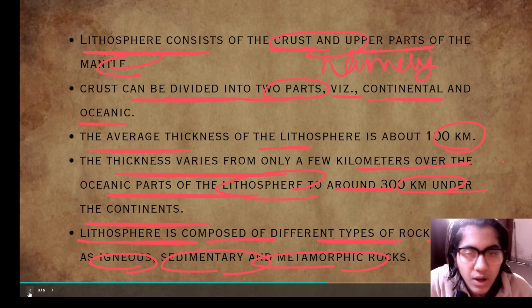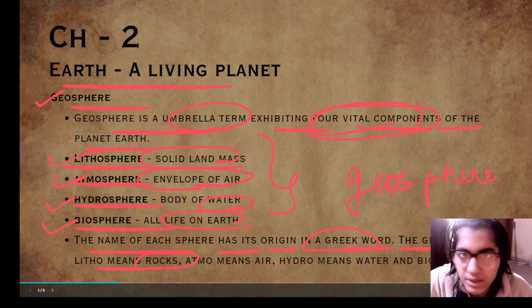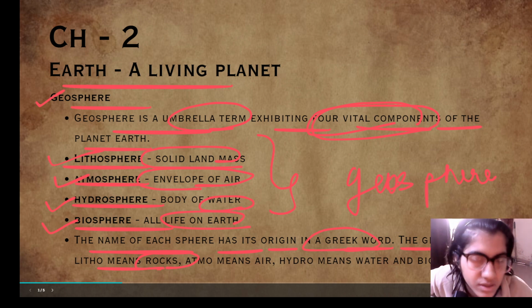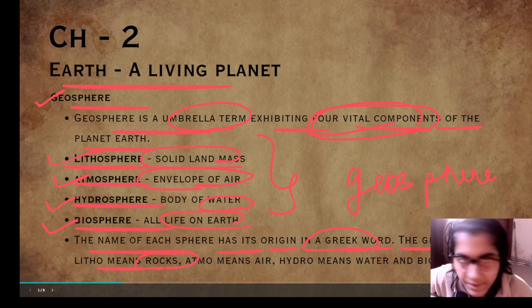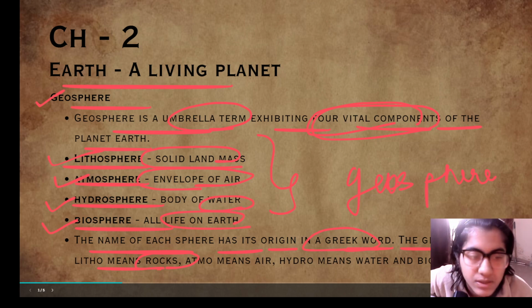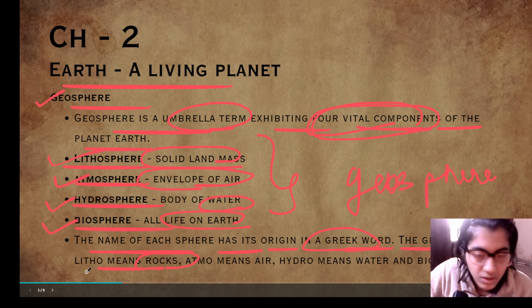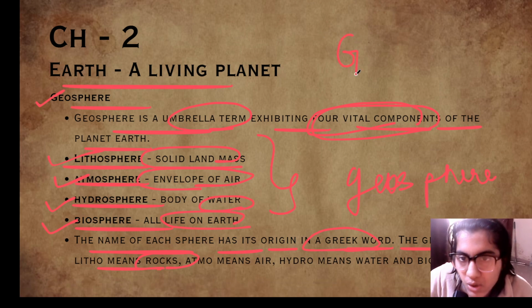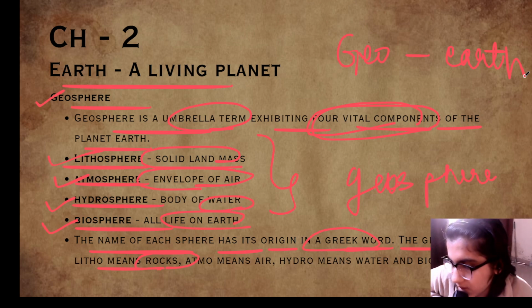Let's quickly revise the concepts we have learnt in this video. We have covered two important topics related to our planet Earth: the geosphere and the lithosphere. In geosphere, geo means earth, which is also derived from the Greek word.